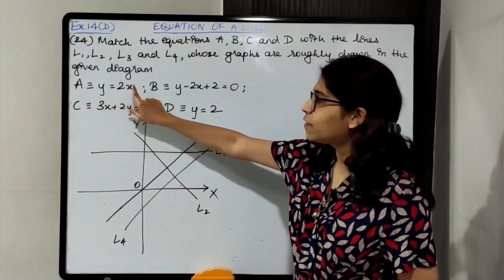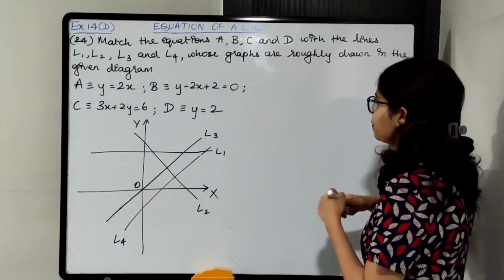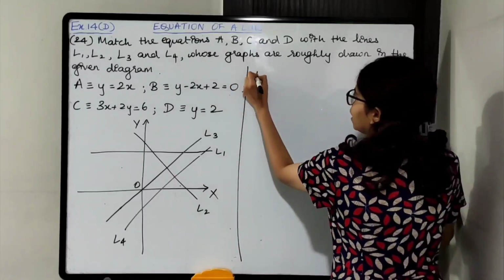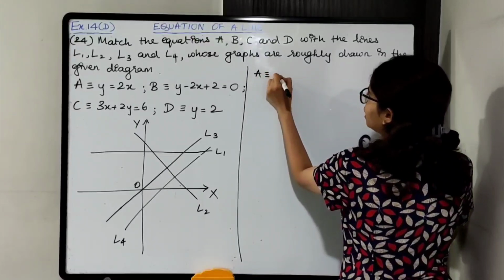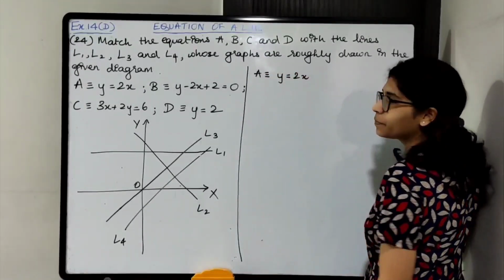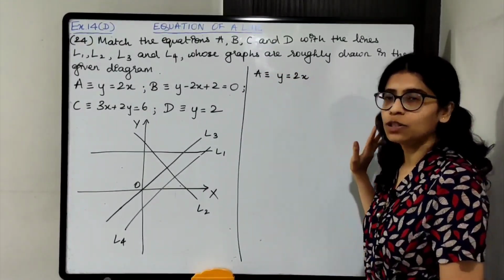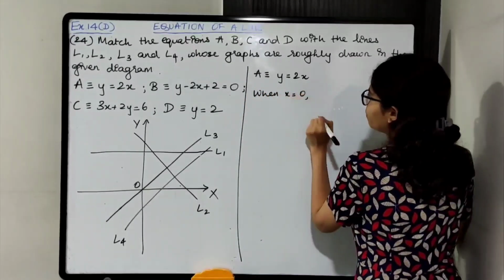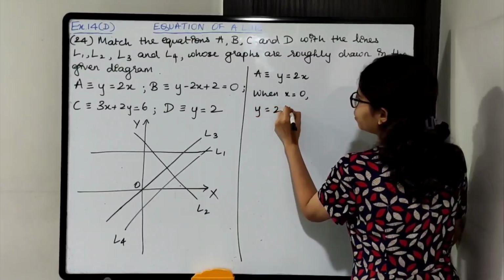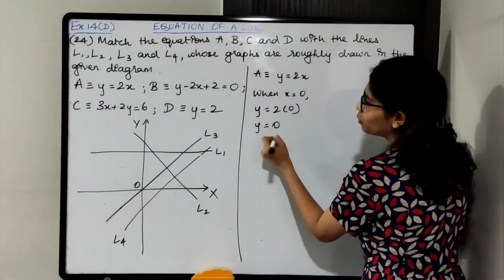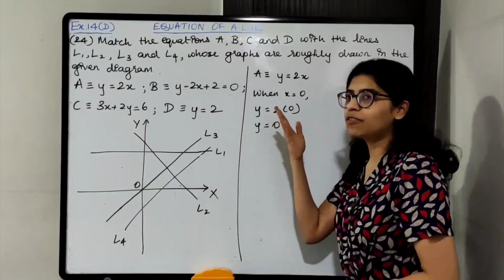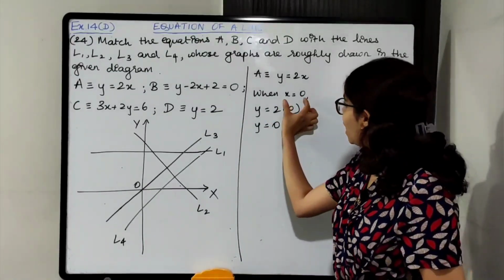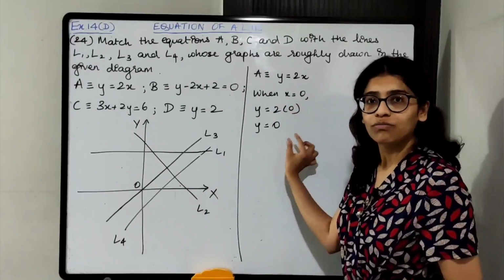A equation is y equals 2x. First we'll put x equal to 0. So when x is equal to 0, then y is equal to 2 into 0, that is y is equal to 0. So when x is 0, y is also 0 here. Where will you get 0, 0?